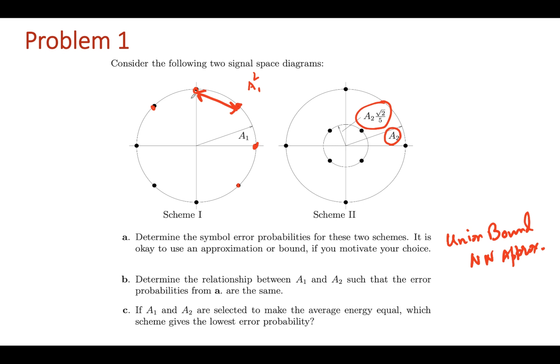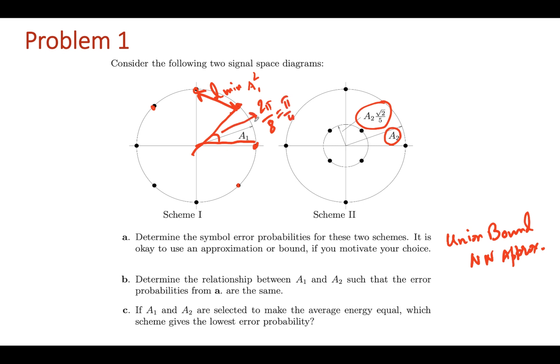Okay, and by the geometry of this constellation you can see that this is your d min, and there are 8 signals, so they are basically making an angle which is 2 pi by 8 between them, or pi by 4.